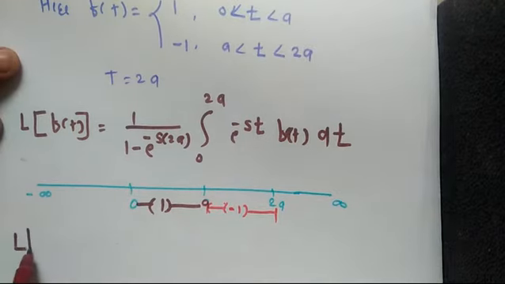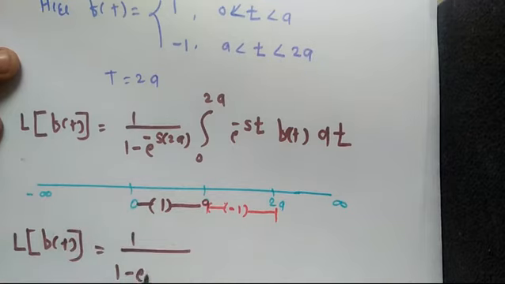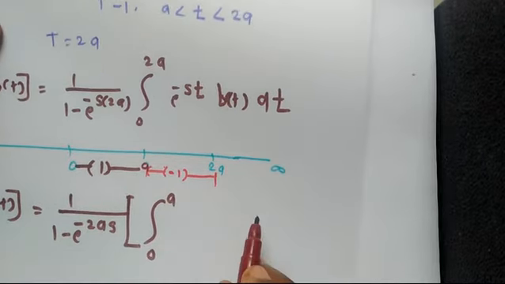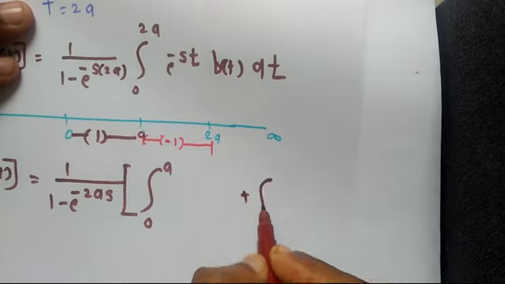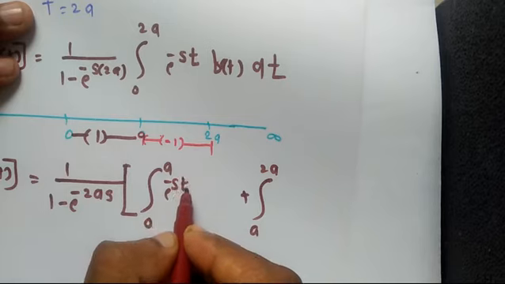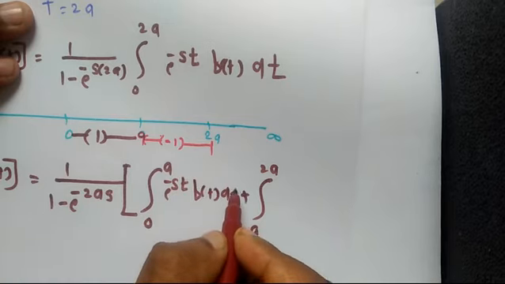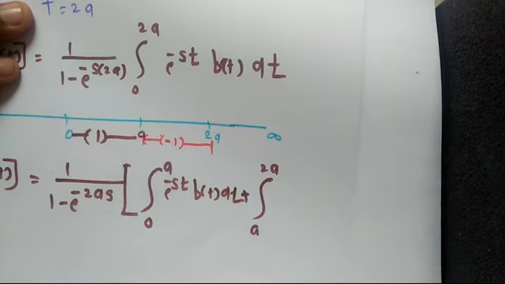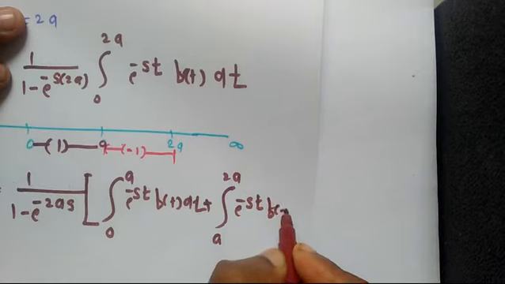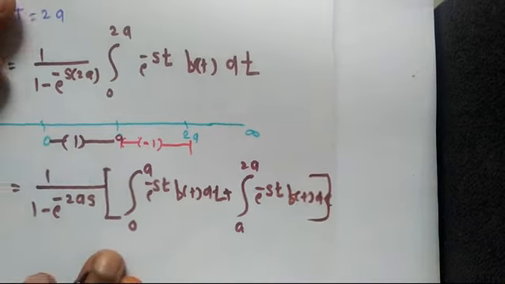So Laplace transform of f of t is 1 upon 1 minus e to the power minus 2as, integration from 0 to a plus the next integration from a to 2a, e to the power minus st f of t dt.